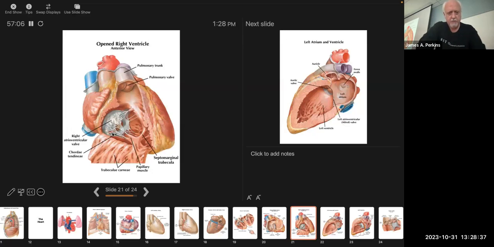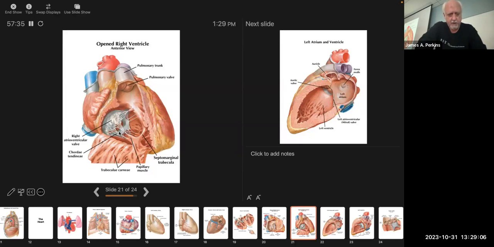Each of those cusps or leaflets of this tricuspid valve or right atrioventricular valve is then connected to a set of muscles known as papillary muscles. And there are these little tendinous cords that are connecting each cusp of the tricuspid valve or right atrioventricular valve to these papillary muscles.